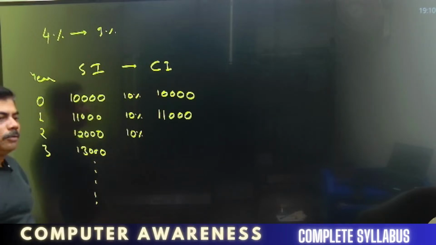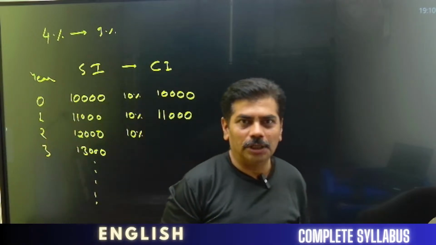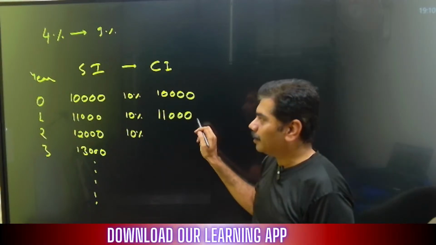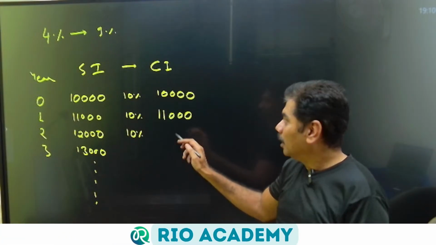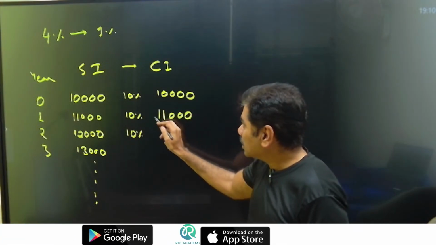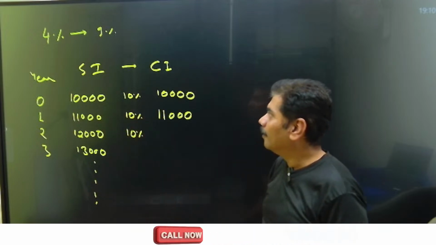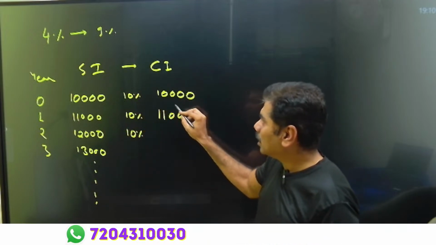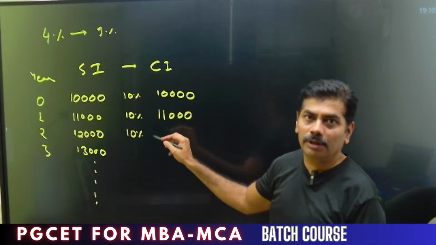Now if somebody thinks a little logically, what if I withdraw this amount at the end of first year and deposit it again? Then I'll be getting interest on this 11,000. So in compound interest, instead of getting interest on 10,000, I will get interest on 11,000.